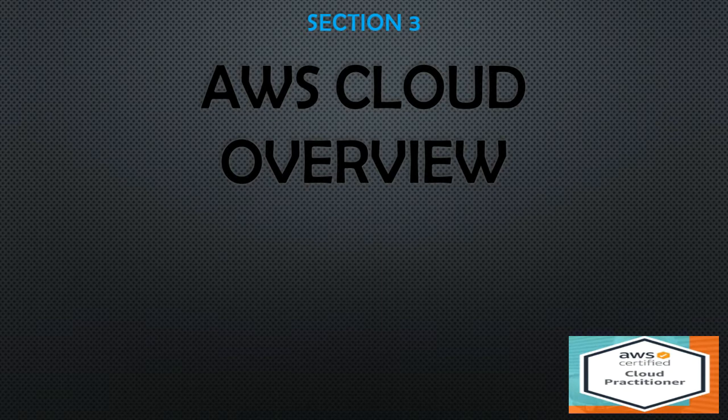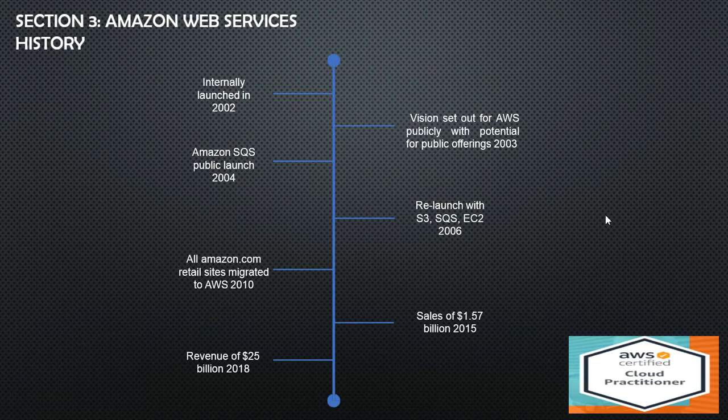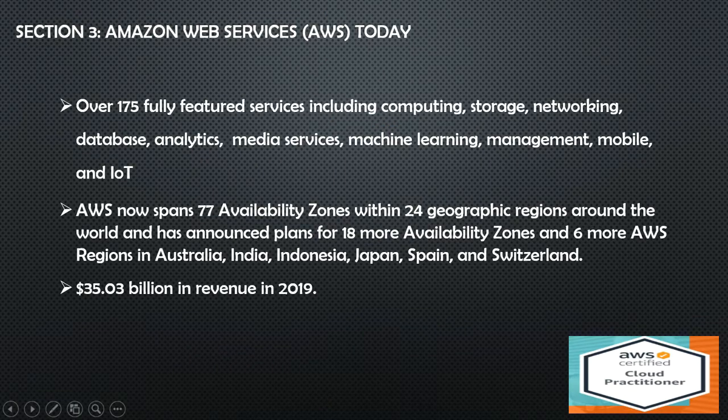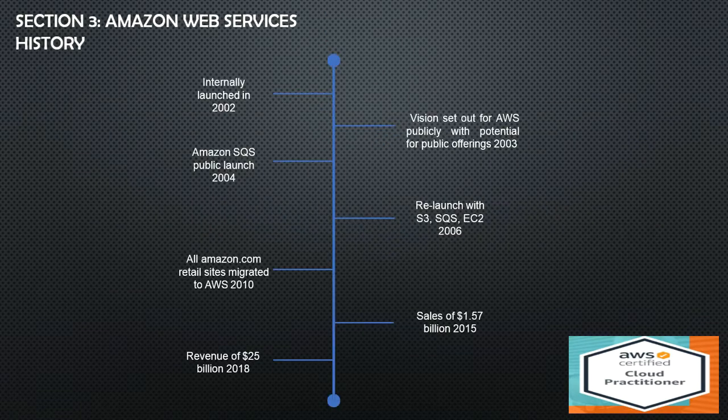I'll be starting with the brief history of Amazon Web Services, how it started, what was the first service that it started, when it started, and all those things. So here you can see that AWS was launched in 2002, but that was not for the public.